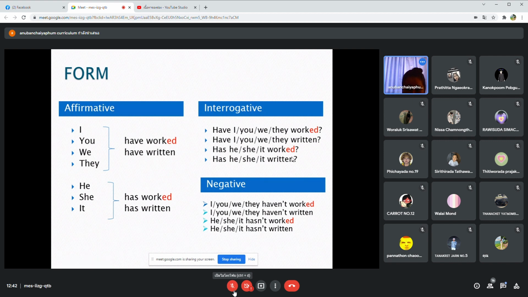Have not, but we shortened it, it becomes haven't. Do you understand now? Yes, I understand. So in negative, have will be added with the word not, but shortened, so it becomes haven't, hasn't.